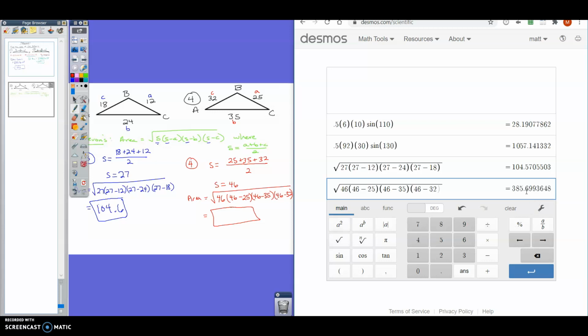So we have 385.69, so the 9 makes the first decimal place round up, so it's going to be 385.7.